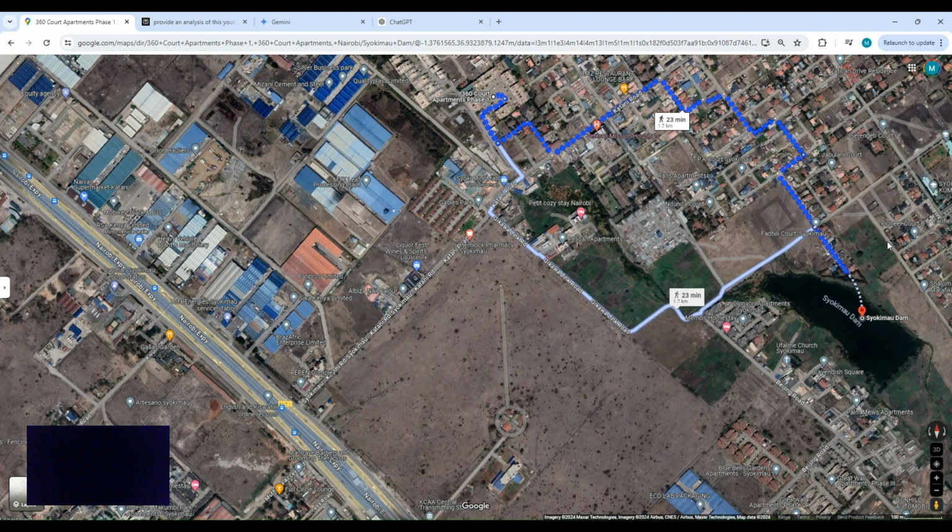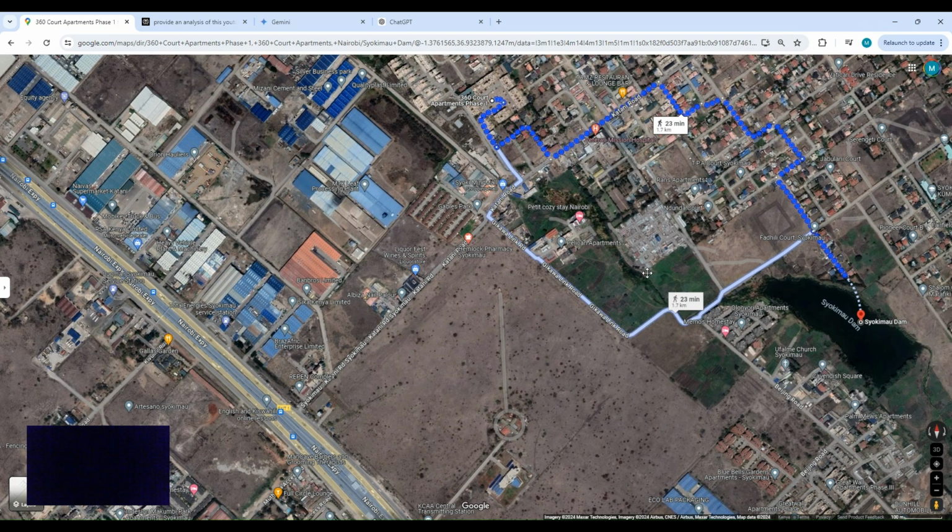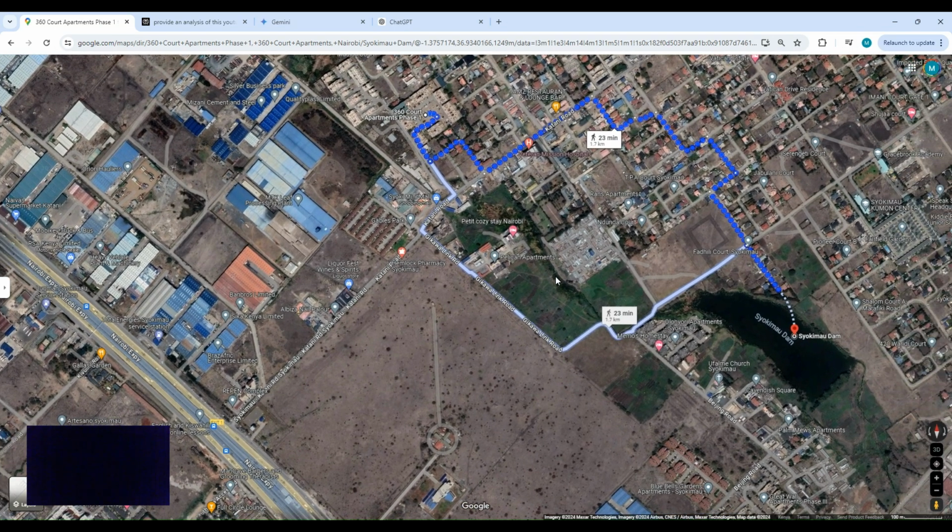So this is just a short video that acts as part two of the initial video that we had looked into, as to where the inlet of the Syokimau Dam is.